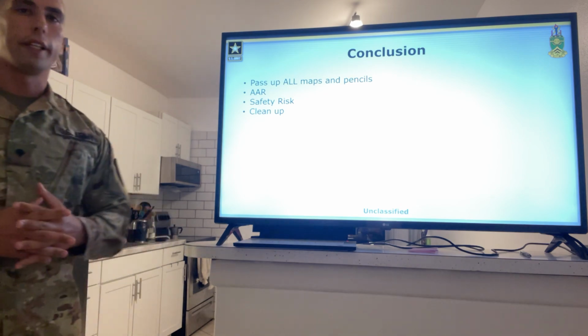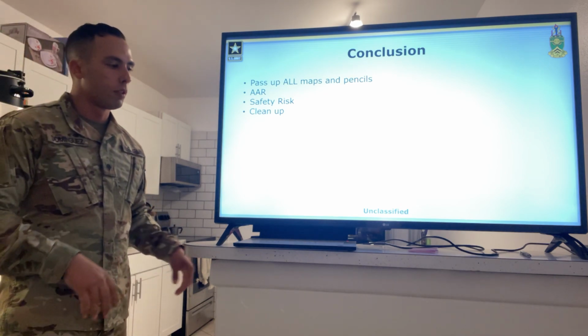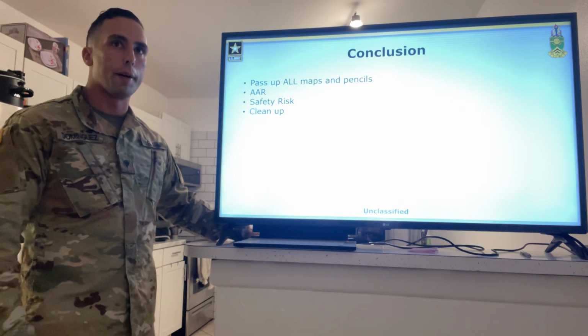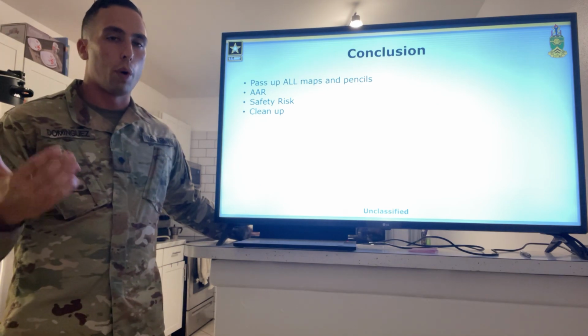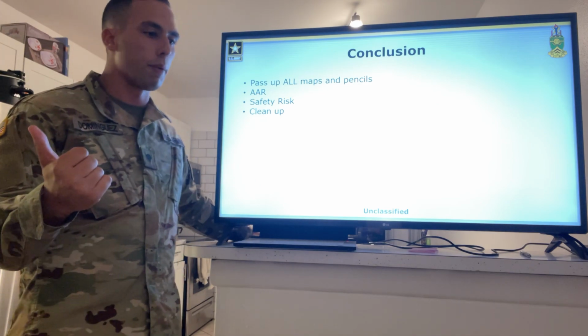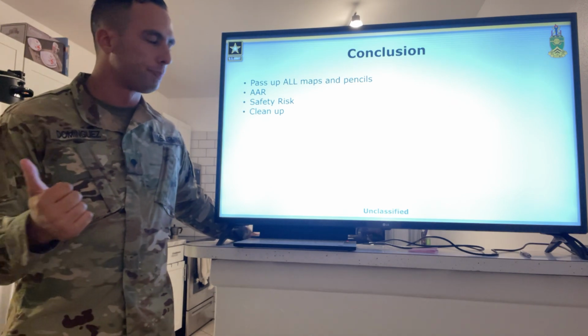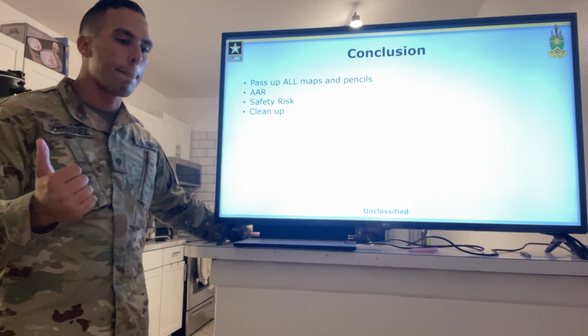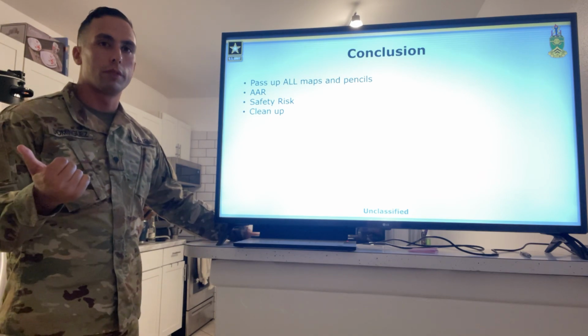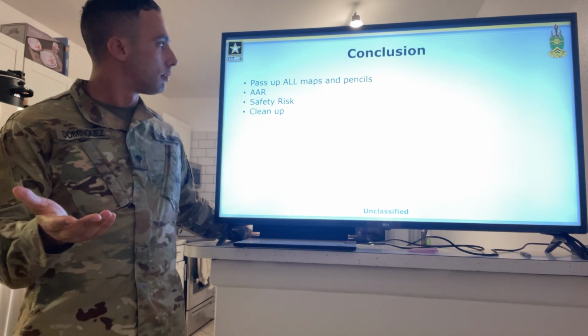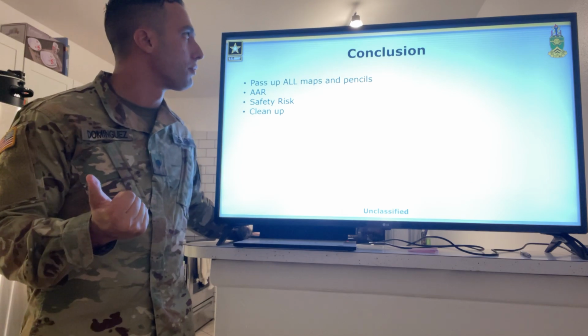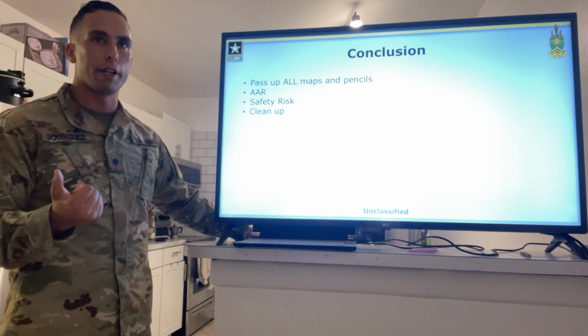All right, so we'll be conducting a quick AAR. With that being said, what was supposed to happen today? Today we were supposed to train on identifying terrain features on a military map. What did happen? We did in fact learn how to identify terrain features on a military map.